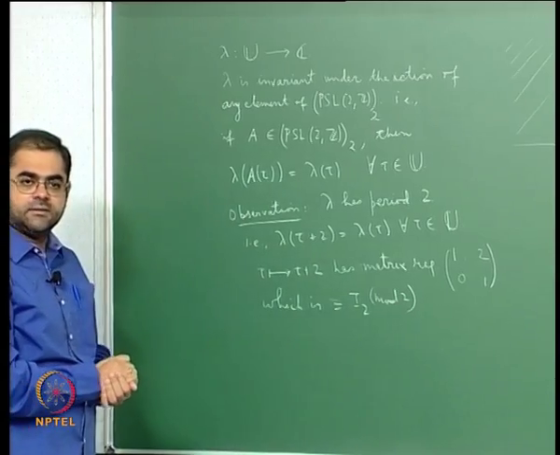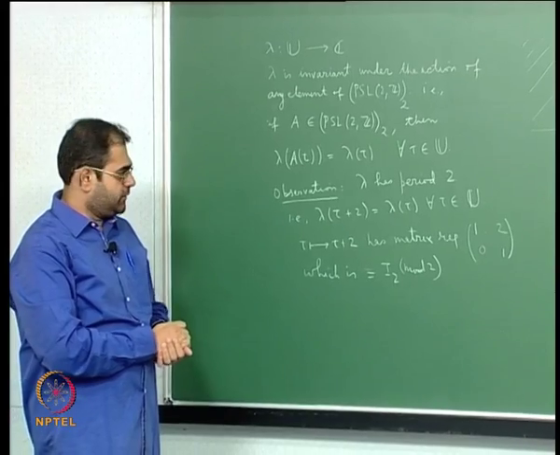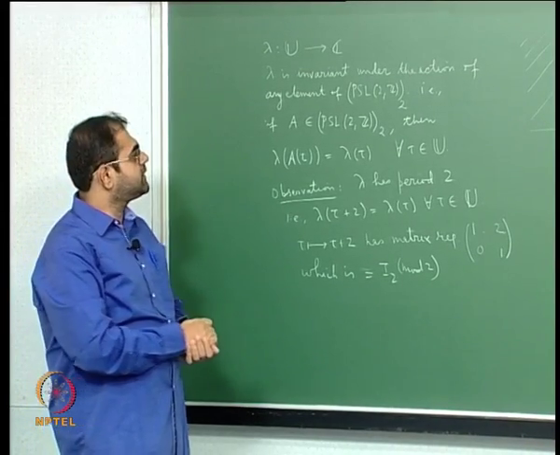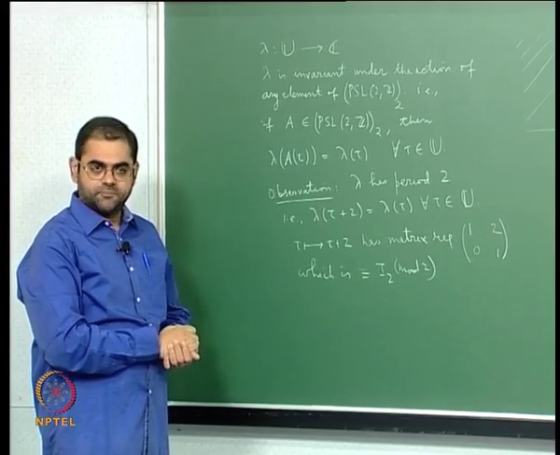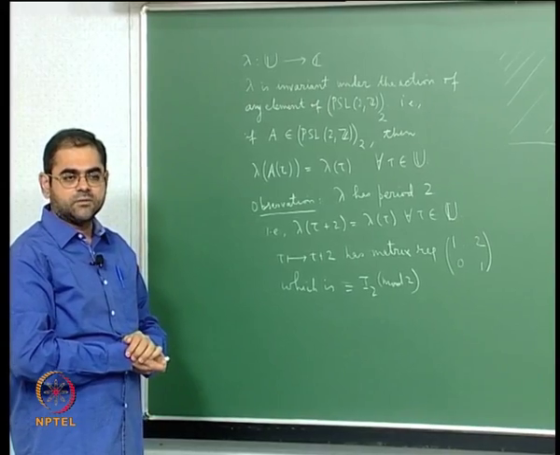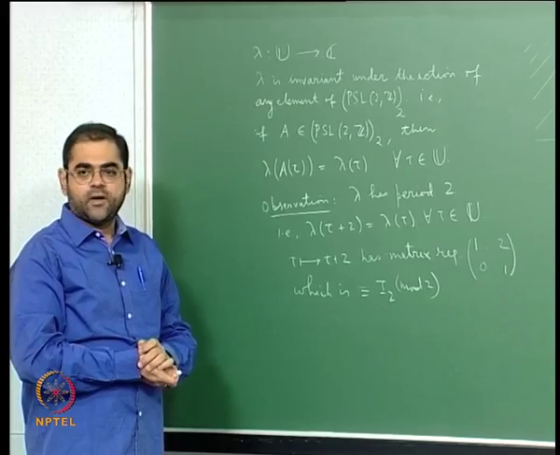So this matrix mod 2 is identity, therefore this is in the congruence mod 2 subgroup. After all, the congruence mod 2 subgroup consists of all those elements which, when you read every coefficient mod 2, give you identity.